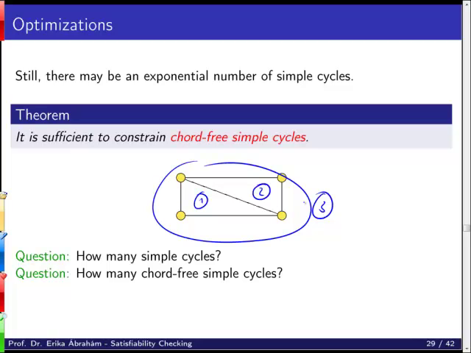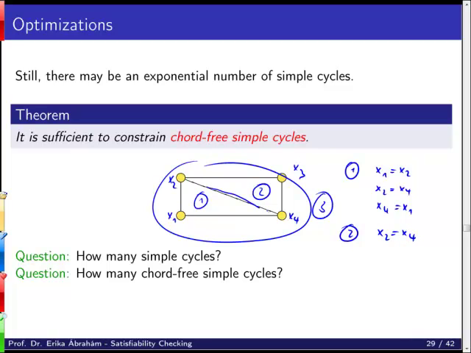Give them names. This is x1, x2, x3, x4. Then for cycle 1, we have the transitivity between x1 equals x2, x2 equals x4, and x4 equals x1. Yeah, if two of them hold, then the third one is implied. For 2, we have x2 equals x4.